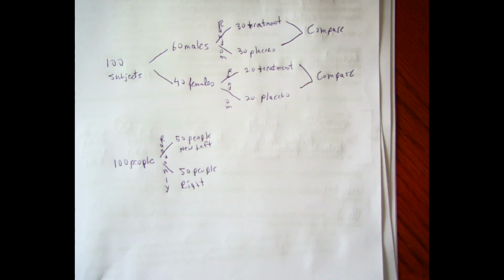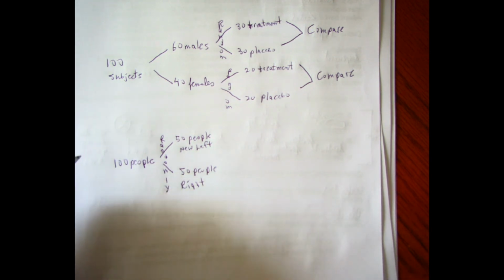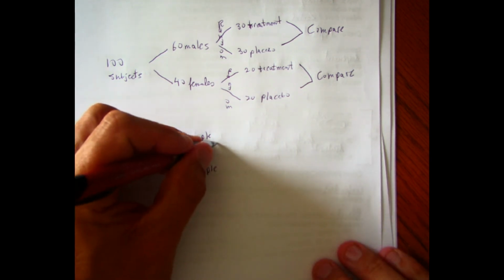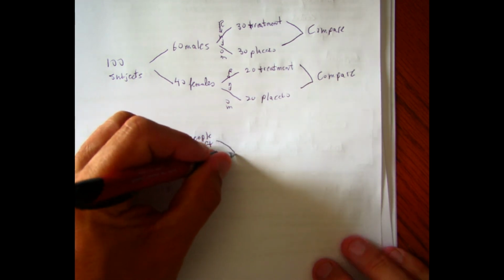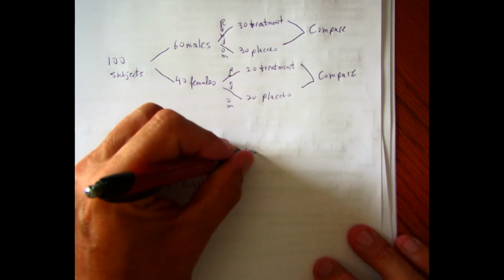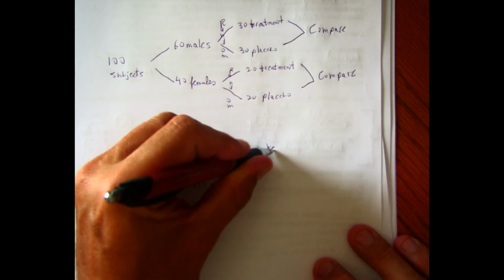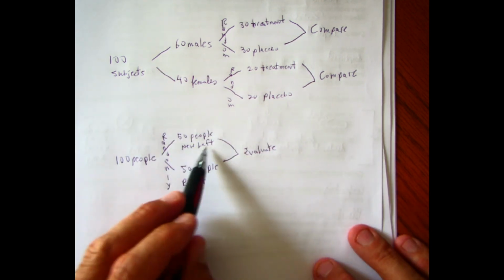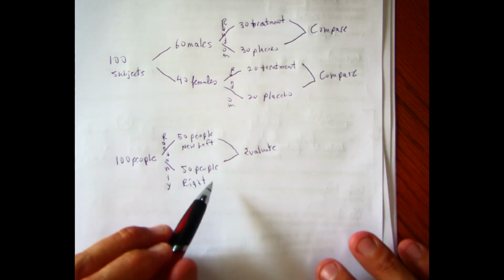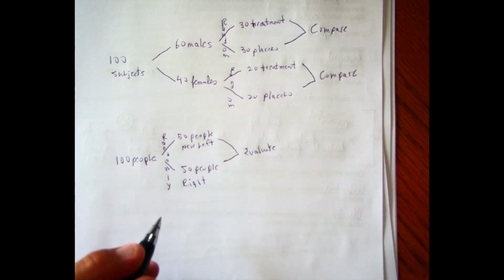Okay, so I pull their names out of a hat. The first 50 get the new contact solution in the left eye, and then the next 50 get it in the right eye. And then at the end, I would then evaluate. Okay. However, I'm evaluating within each of these groups. Okay, I'm going to evaluate the whole group.